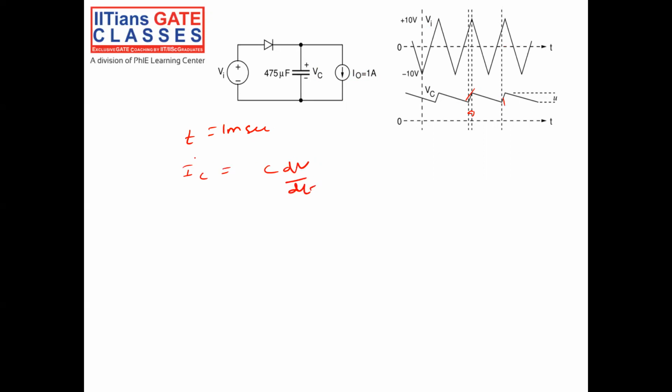So if my capacitor is giving current 1 ampere for 1 millisecond, what is the voltage drop in the capacitor? That's what is asked in the question.